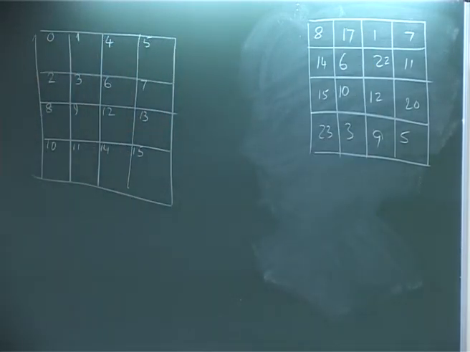So, let us assume that these are the 16 numbers you have and they are arbitrarily distributed.